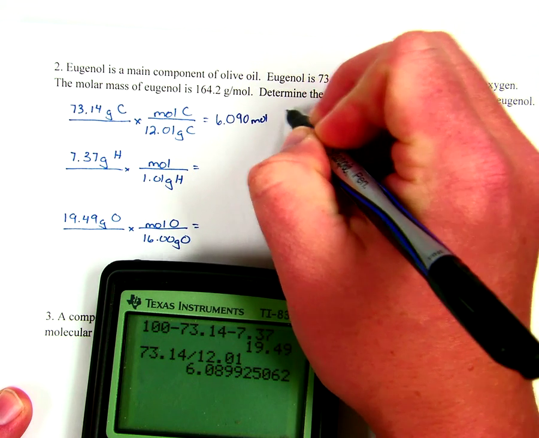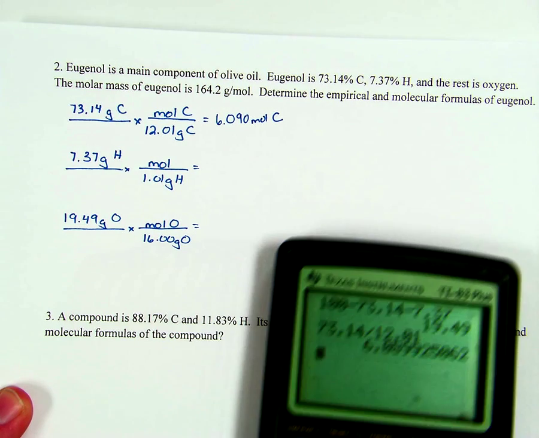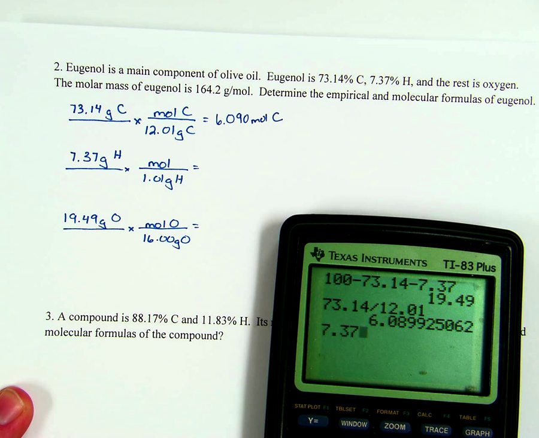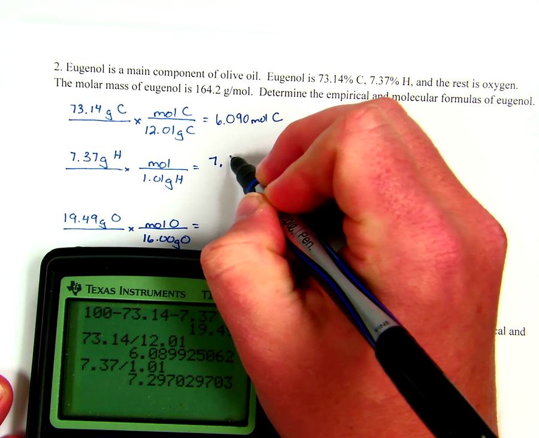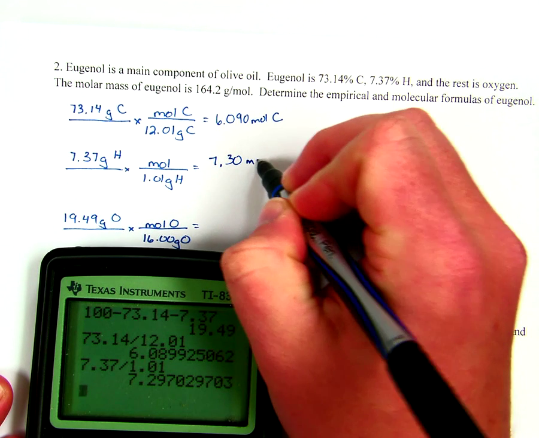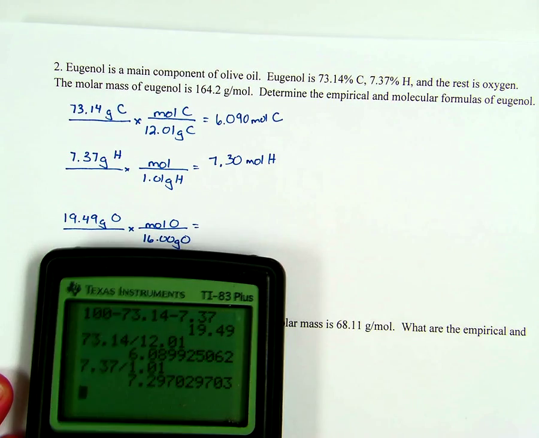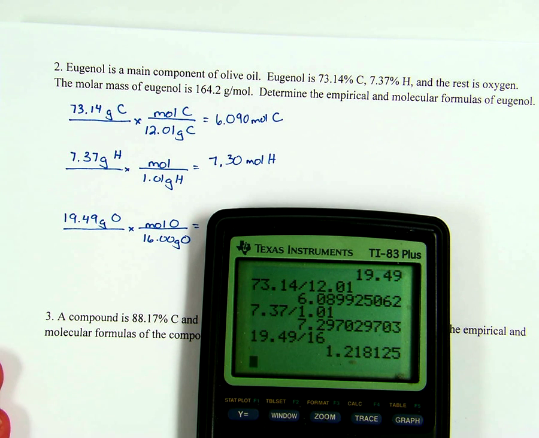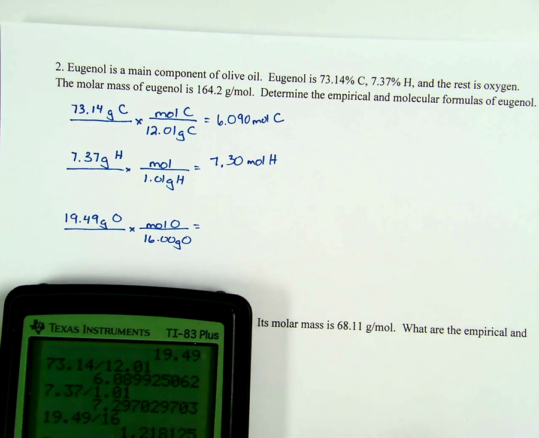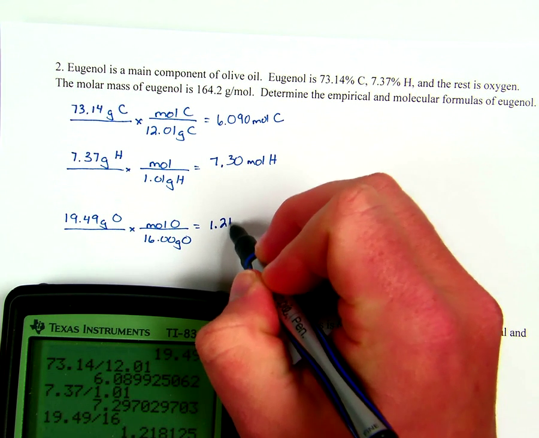Okay, for hydrogen, 7.37 divided by 1.01, that gives us 7.30. It's only 3 sig figs there. And then for oxygen, 19.49 divided by 16, and I get 1.218. Alright, there's the first step.